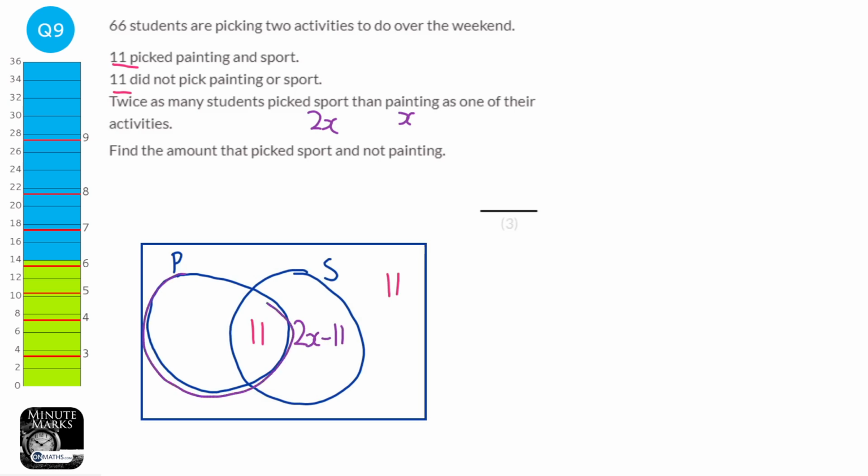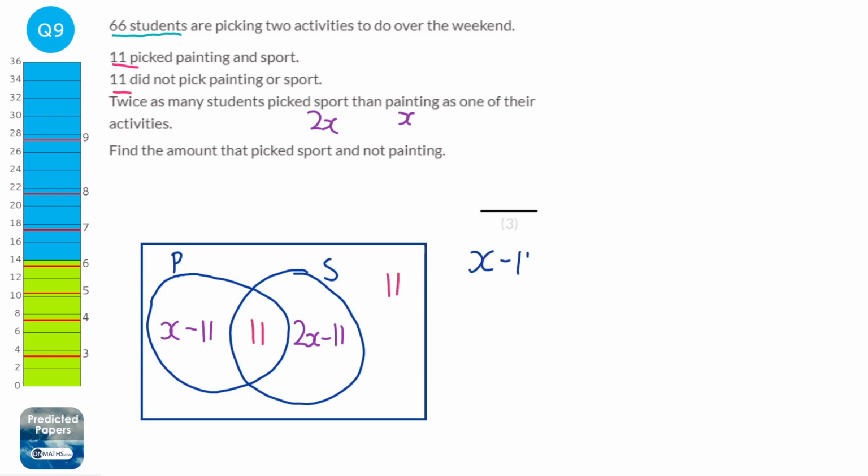We know the whole thing is x, so we're just going to take away the bit we know there, which is the 11, and it will be x minus 11. Now we know that there are 66 students in total. So what we can do now is add up all of the parts of the Venn diagram and get it equal to 66.